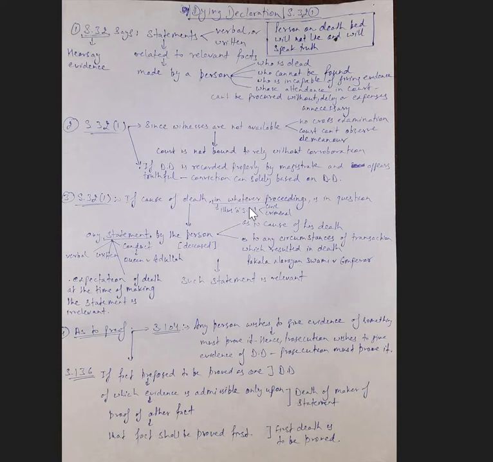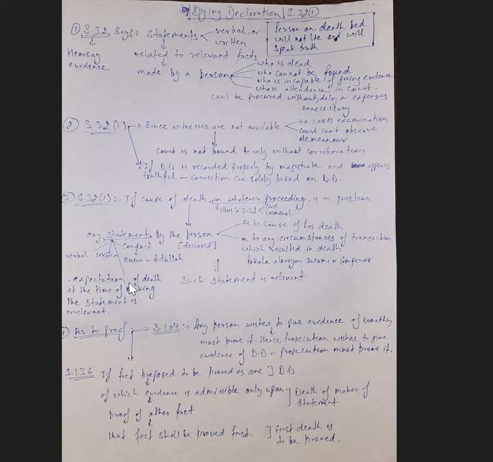Illustration A to section 31 says that both civil and criminal proceedings are covered here. And any statement means verbal, written, and conduct. If we go by the reasoning of Queen versus Abdullah, the conduct of Dulari was in question and it was considered to be a statement.